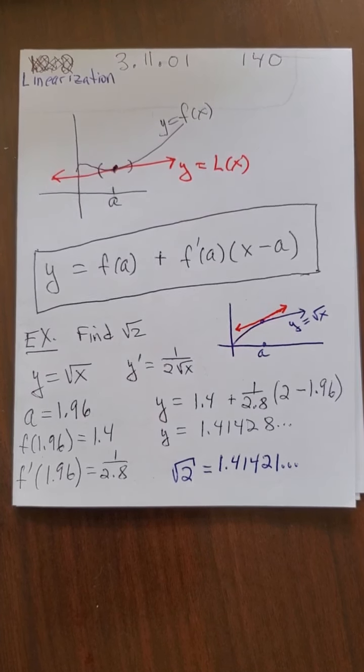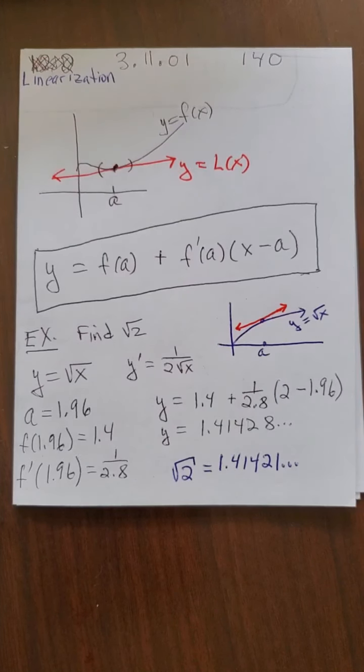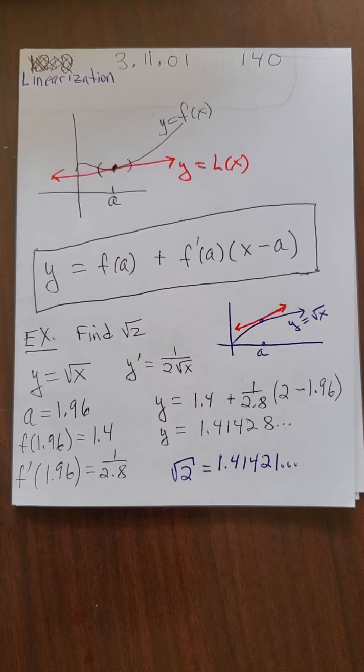In the next chapter, we're going to get to a whole topic called concave up and concave down. Because the curve is concave down, that's why the tangent is above, and that's why the linearization was slightly higher than the true value. And that is how we do that.